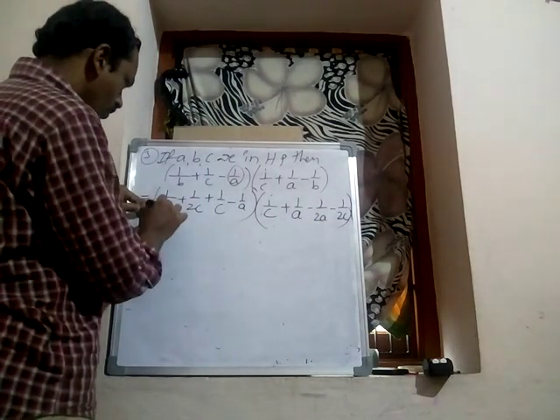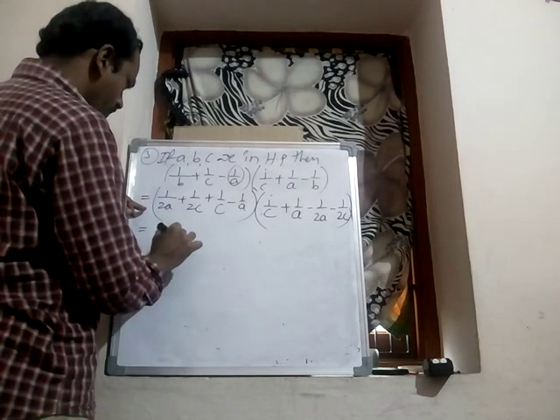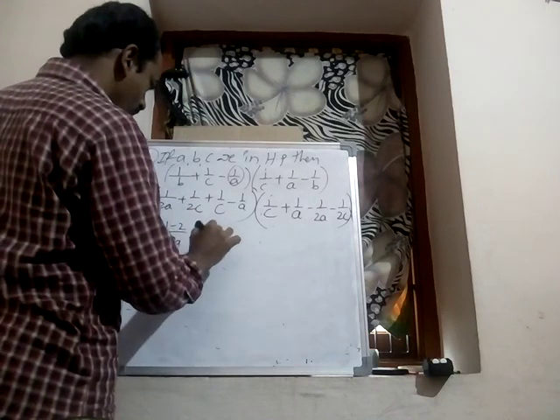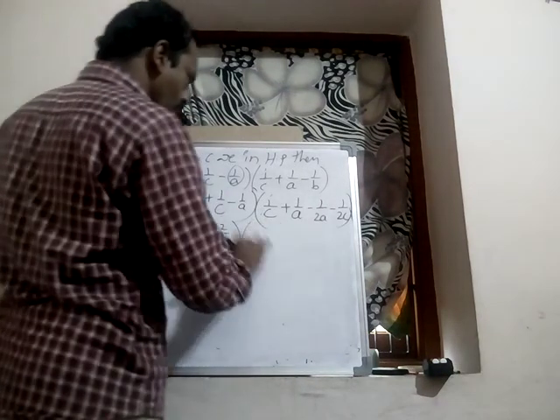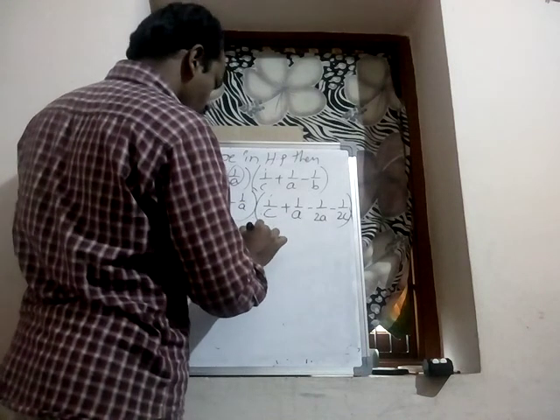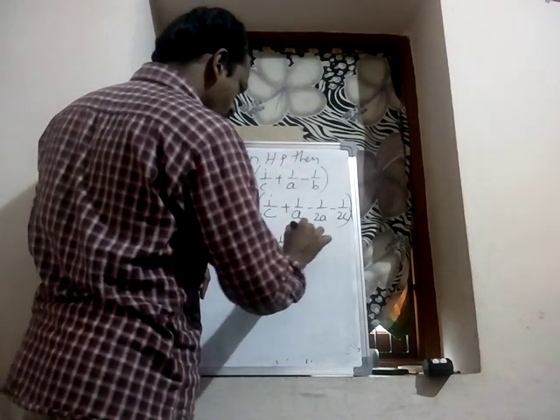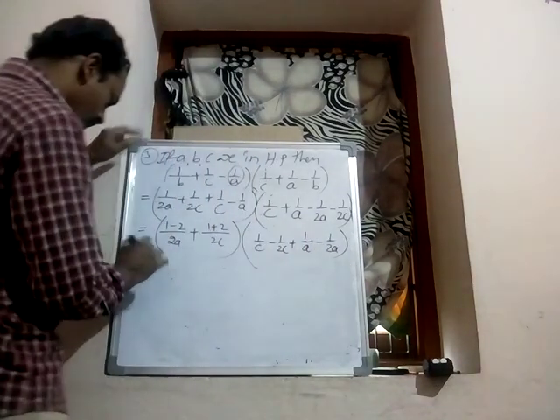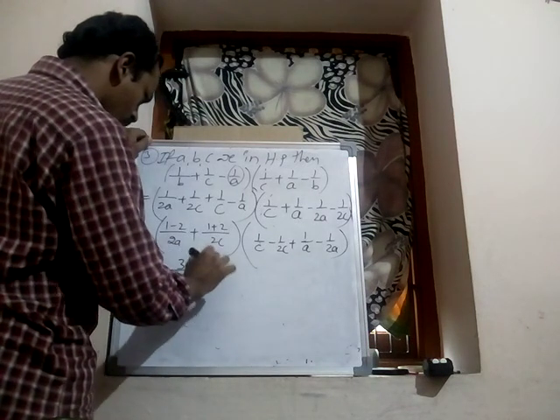So here 1/2a - 1/a. The LCM is 2a, so 1 - 2. Plus here the LCM is 2c, 1 + 2. Here, 1/c - 1/2c + 1/a - 1/2a. So here how much? 3/2c, and this is negative, minus 1/2a.